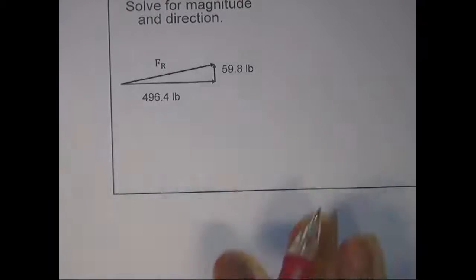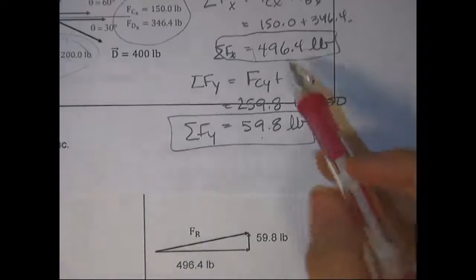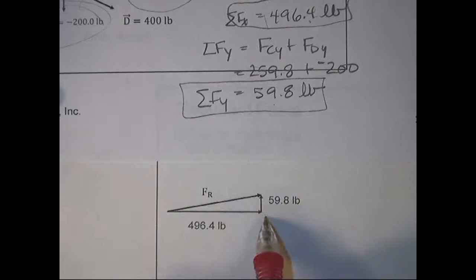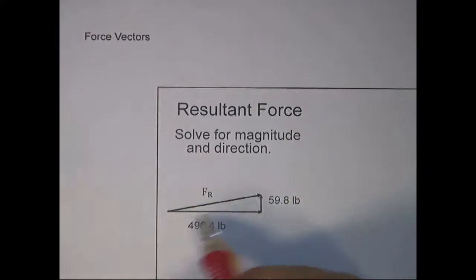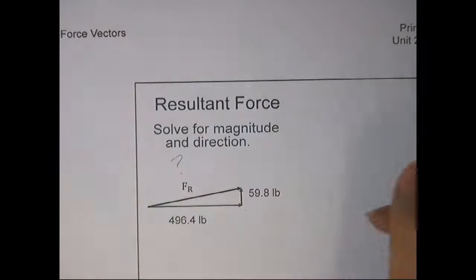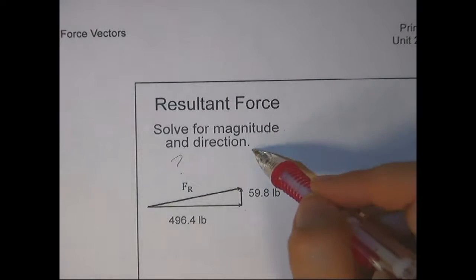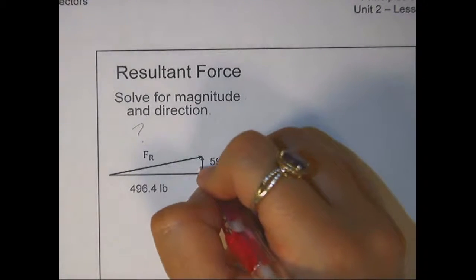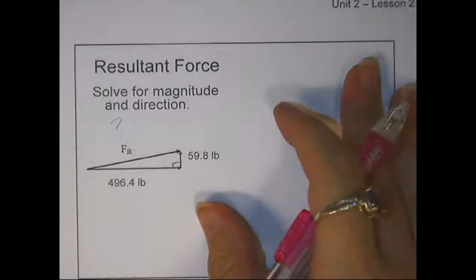So what they did is they took the x component here, and they made a little triangle. They put that in the x direction, and 59.8, they put that in the y direction here on a triangle. And what I really want is this resultant force here. What is this resultant force? I need the magnitude and direction of it. Well, what kind of triangle is this? This is a little right triangle, so what can I use?